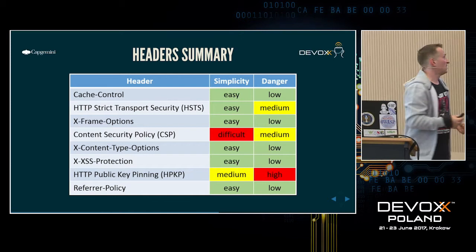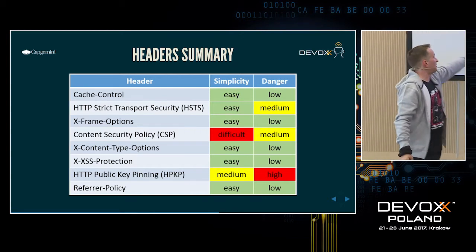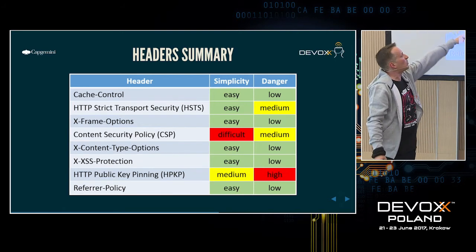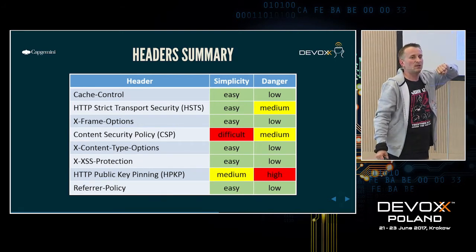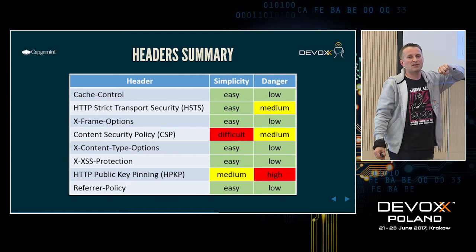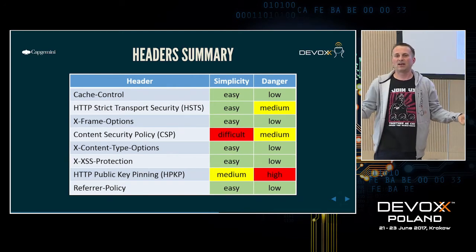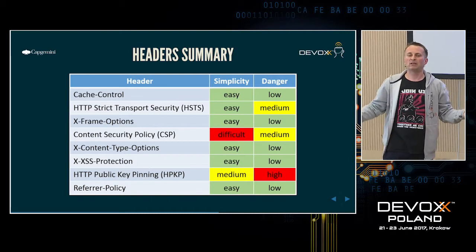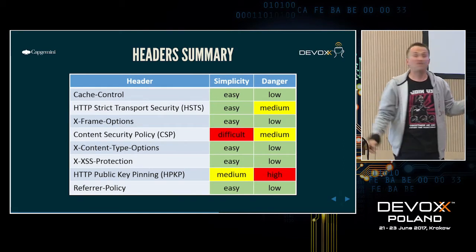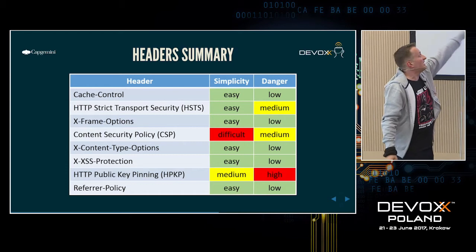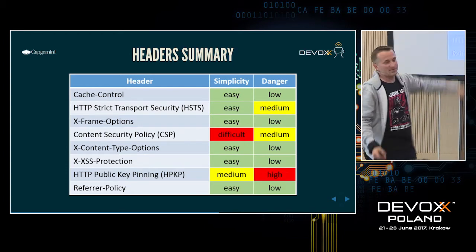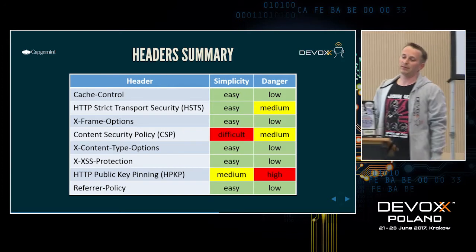So you might want never to touch this one, but content security policy, although I think it's difficult to implement properly because it's big, and it will not be a one-release approach. It will be a multi-release approach. I think you should go for this one. And HSTS, you should go for this one as well, and the other stuff is green, so do it. Why not?